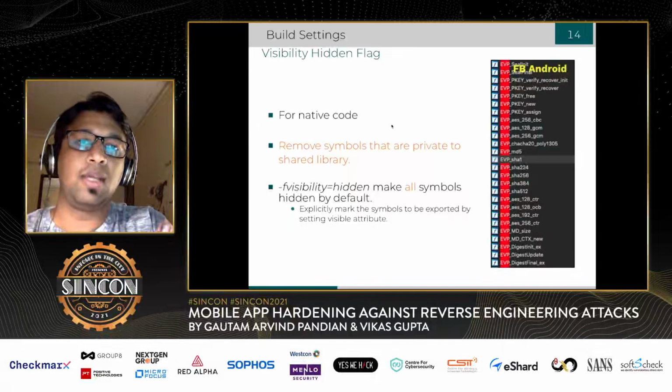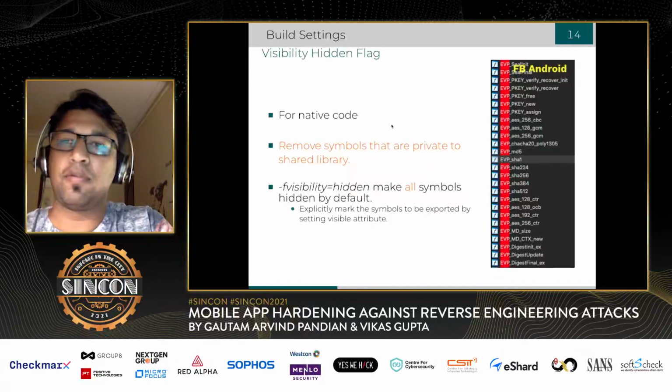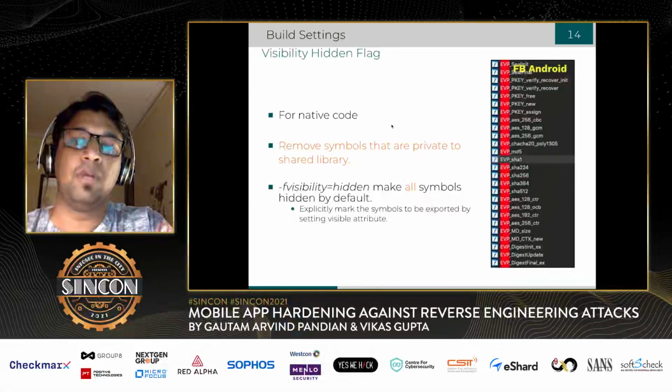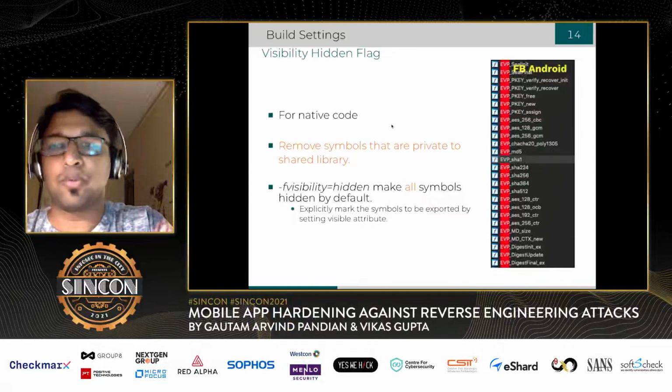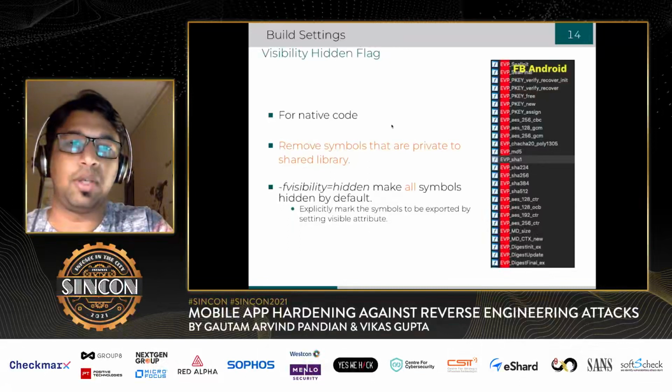Here in the example, I have the Facebook Android application, and you can see it has a lot of EVP symbols which come from OpenSSL. Facebook does use OpenSSL, and from our experience we have seen that EVP symbols don't need to be exported. If these symbols are not exported, it should not hamper the execution of the application at all. So you can remove them.